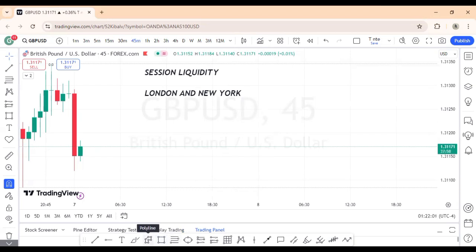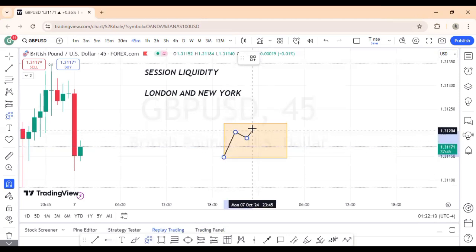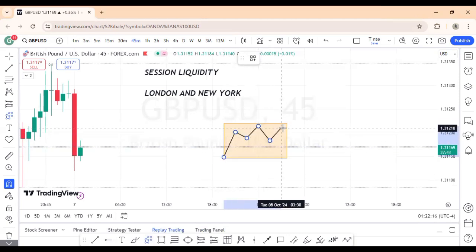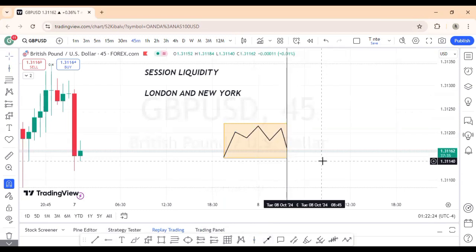Now, what do I mean by this? Let's say we're inside the Asian session. Inside the Asian session, maybe we get a move up, move down, move up, move down. Now we're entering into London.